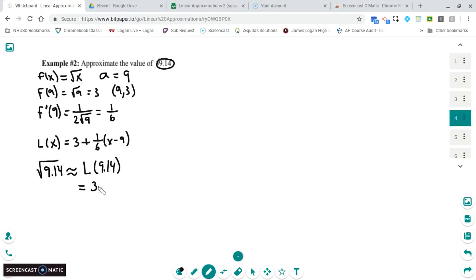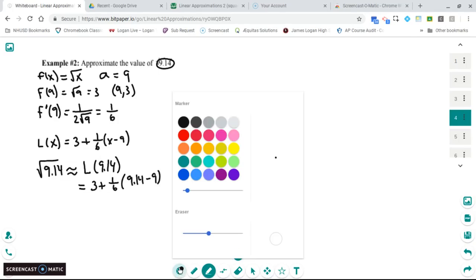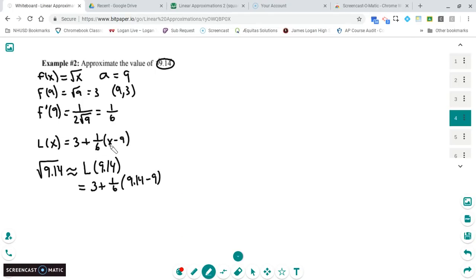So that's 3 plus 1/6 times 9.14 minus 9. Notice where I plugged it in: I plugged it in where the x is. That's the only place where the x occurs. It makes this super easy to evaluate.